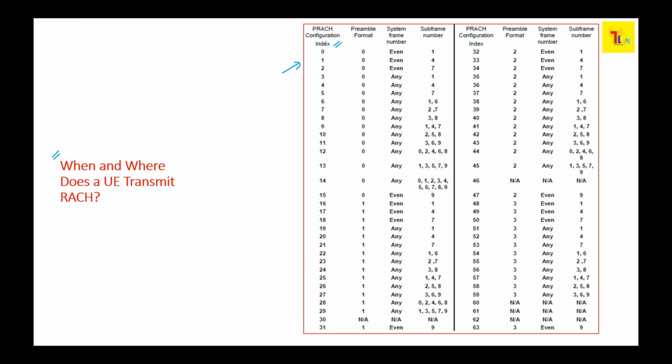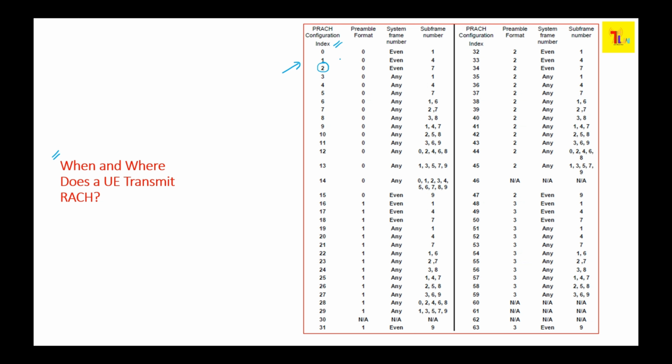Okay, so there are 64 PRACH configuration indexes defined as per 3GPP. You can see from 0 to 63, and we will take one example to understand how exactly you can read this. Let's suppose it is configured with PRACH configuration index 2.